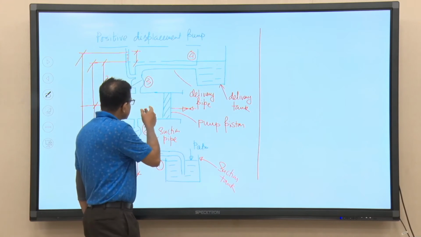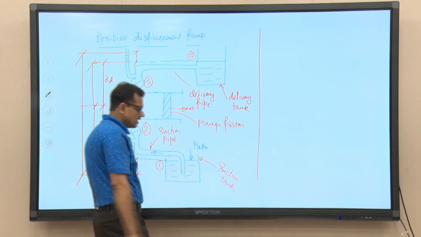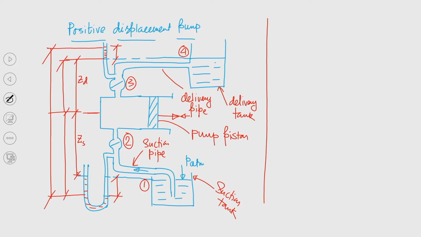So, now if we consider that the instantaneous pressure inside the pump cylinder is P, say P is the instantaneous pressure. Okay.